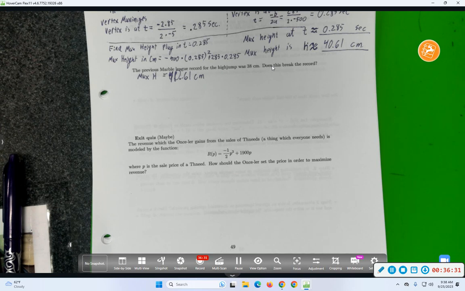So, is this something we can optimize? In fact, does this one look like an immediate application of the vertex formula? Yeah. So, answer the question. Let's see what you get.